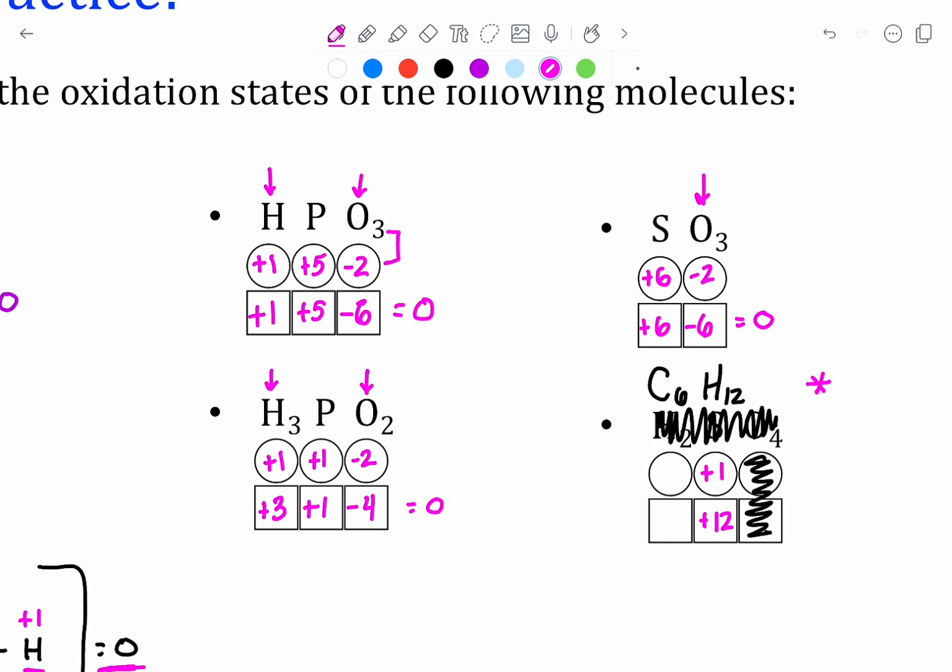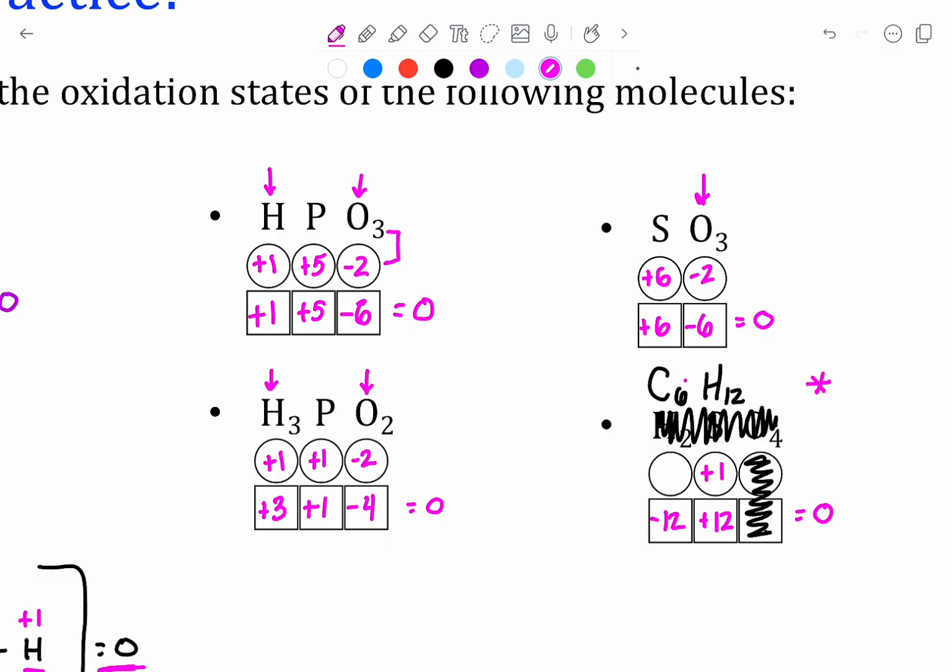Overall, C6H12 has a charge of 0, okay? So the total contribution from carbon in total is going to be minus 12. Because there are 6 carbons, we want to find the oxidation state of each carbon individually.